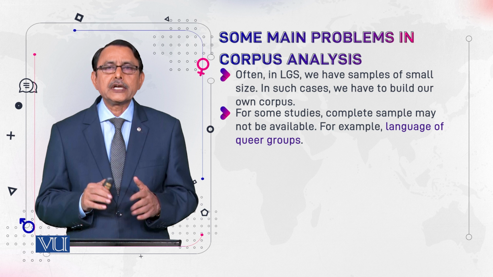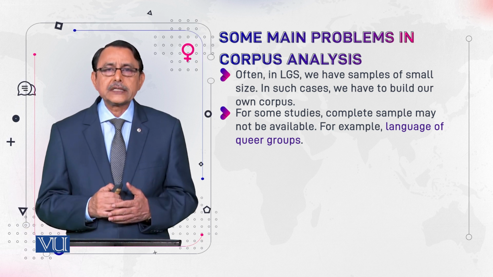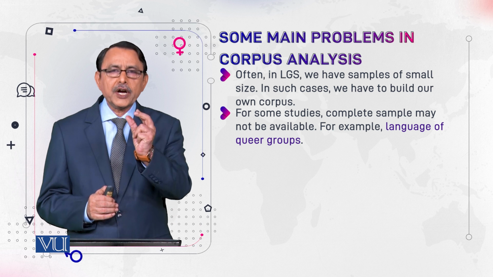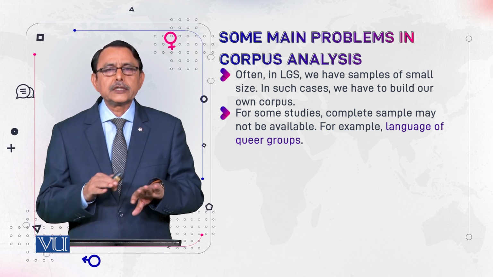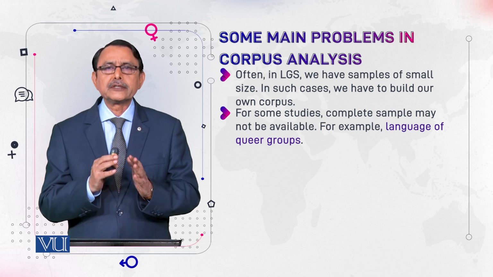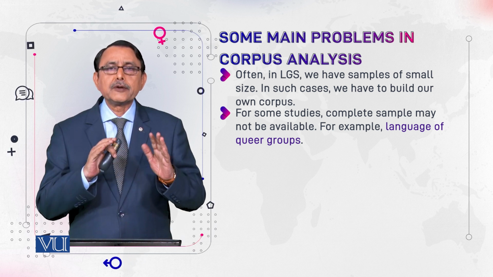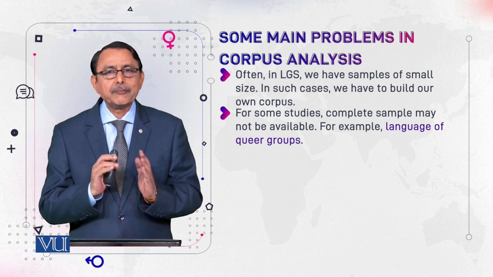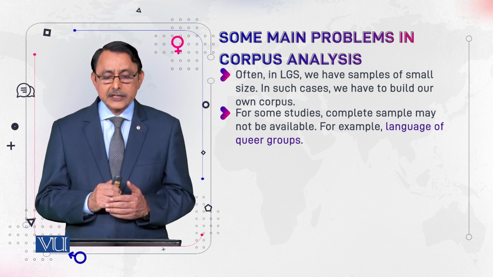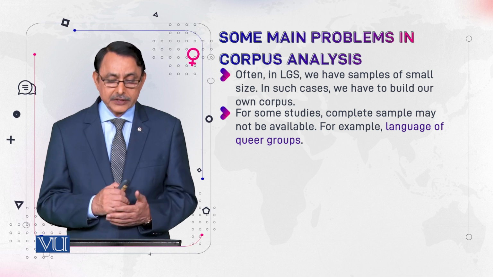You can't have access to that. It would be time consuming, it would be costly. You select a part of it for your study. That part of a larger phenomenon, situation, or in technical terms, population, is called sample. So we are talking about incomplete samples in case of corpus.